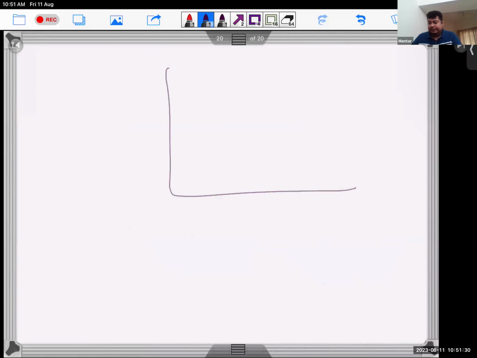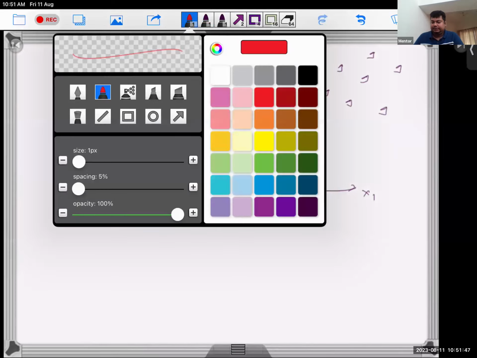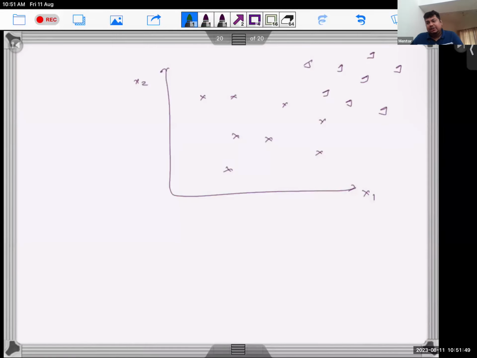If these are the 2-dimensional points, let's say these are some of the x's, and these are some of the triangles. What SVM does is, imagine you have a cylinder, like this.